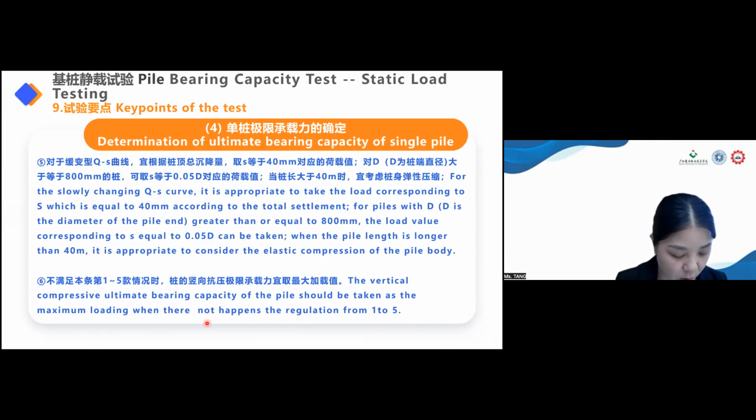Sixth, when the conditions of numbers 1, 2, 5 of this article are not satisfied, the maximum load value shall be taken as the ultimate vertical compressive bearing capacity of the pile.